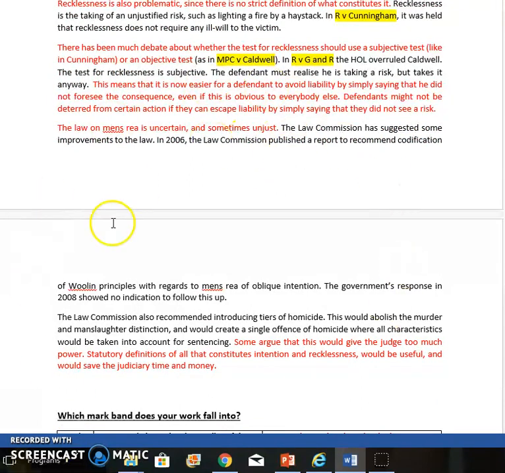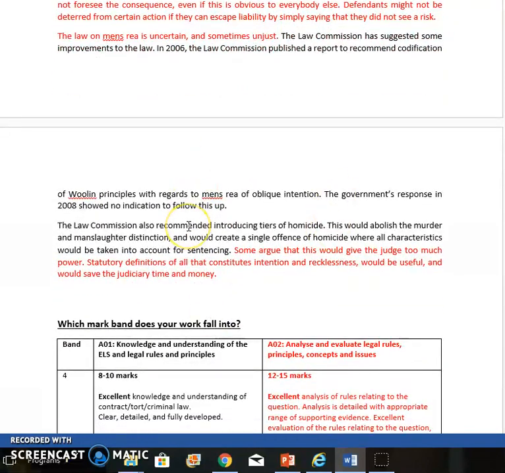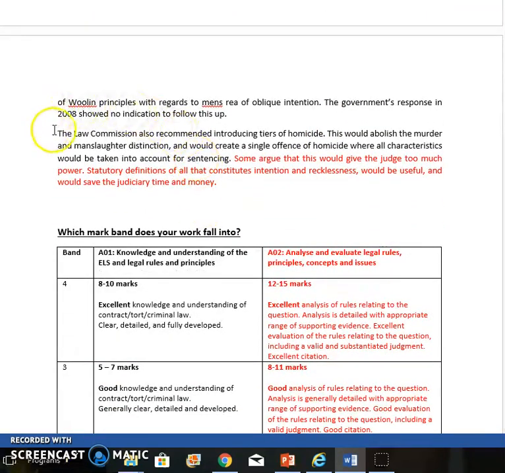I'm then sort of heading to my conclusion here that the law on mens rea is uncertain, sometimes unjust. I've talked about some proposals from the Law Commission there, but as yet they've not been followed up. Related to this, of course, is the fact that the Law Commission have recommended changing all of the law on homicide, and instead of having murder and manslaughter, having tiers of homicide.